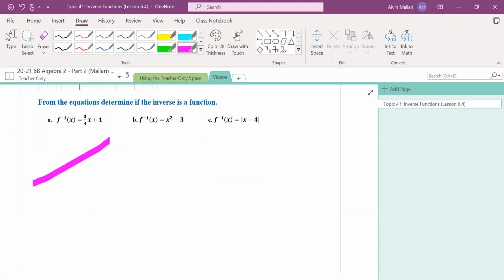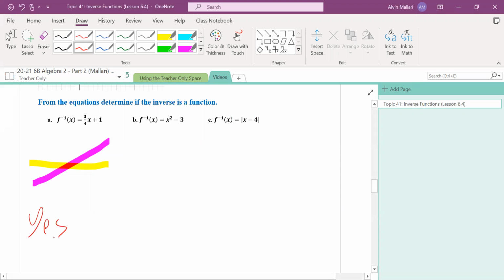Supposing I'm going to have the horizontal line, which is in yellow. See how it is also a function because it only hits the graph once. So this is a function. We say it is yes.